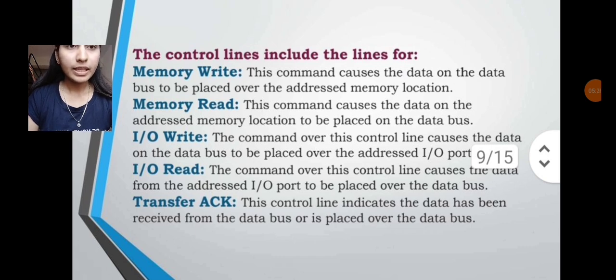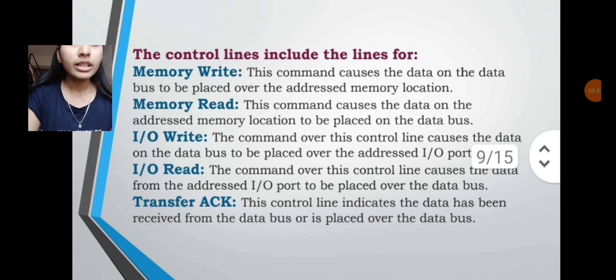Input output write is the command used over this control line which causes the data on the data bus to be placed in the addressed input output port. Input output read is the command used over this control line which causes the data from the addressed input output port to be placed on the data bus.